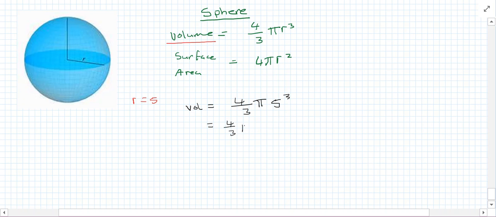So volume is then equal to 4 over 3 pi times 125. So then we just multiply this out.